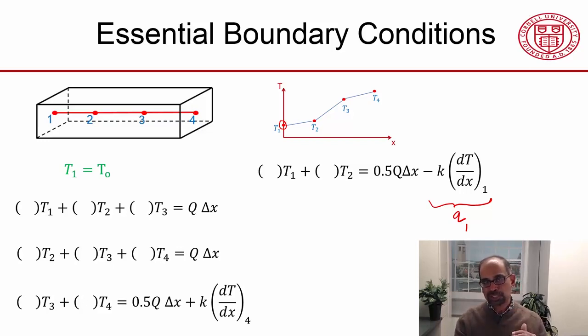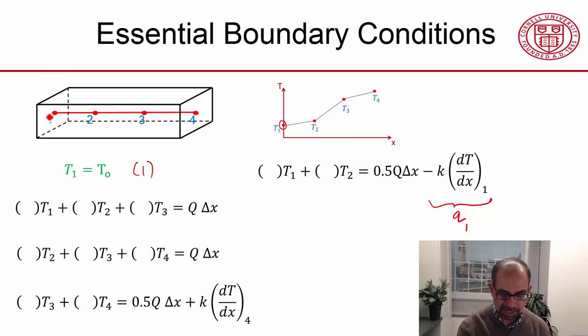So the solution proceeds in 3 stages. In the first stage, you look at all the nodes that have essential boundary conditions on them, and you just assign the corresponding temperature value.